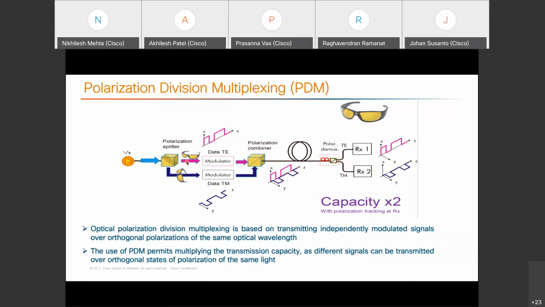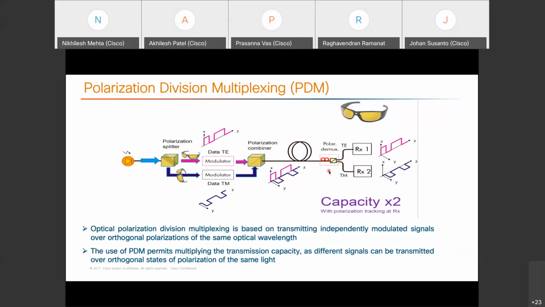You can see there is a polarization splitter being used here. You have the X polarization light and the Y polarization light, and you are modulating those two signals separately, then combining them using the polarization combiner, and after that sending it through the fiber.